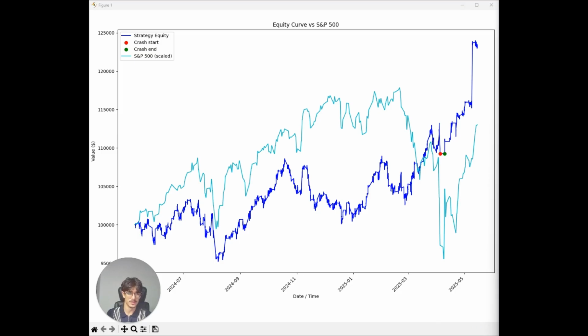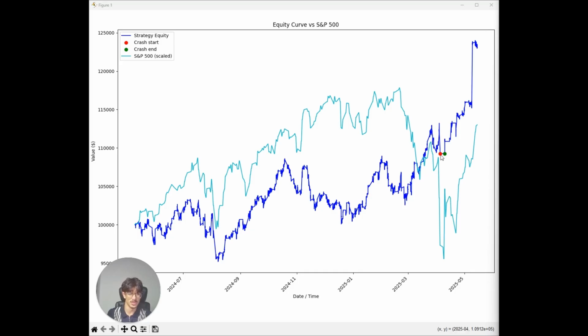One limitation of this algorithm is the risk of curve fitting. Since it relies on a lot of indicators and tuned thresholds, it might perform well on past data, but struggle in future markets. As you can see, the market regime logic also boosted performance during the April 2025 crash here, where it detected the sharp drop in the S&P 500 and paused trading.